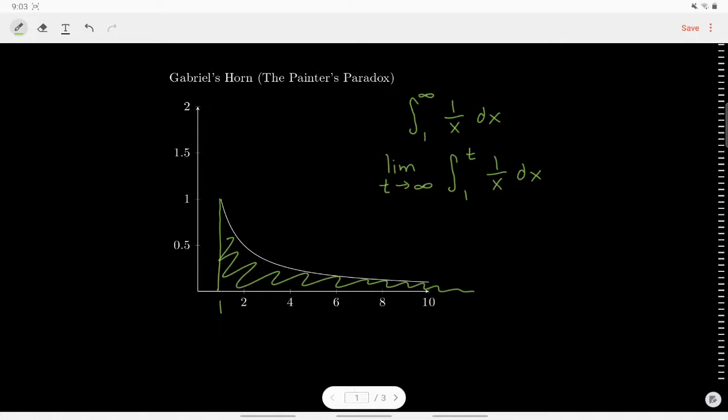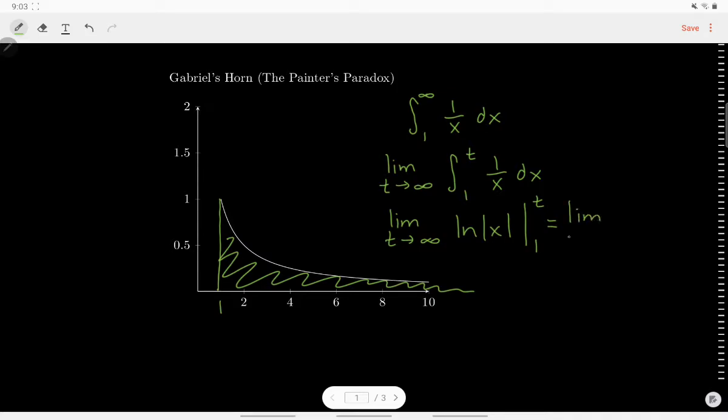Okay. In this case, with 1 over x, an antiderivative of 1 over x is natural log of x. And the fundamental theorem says I can then plug in my endpoints. Notice here I needed a number t to use the fundamental theorem.